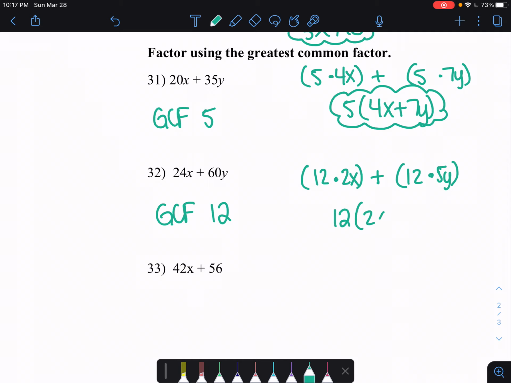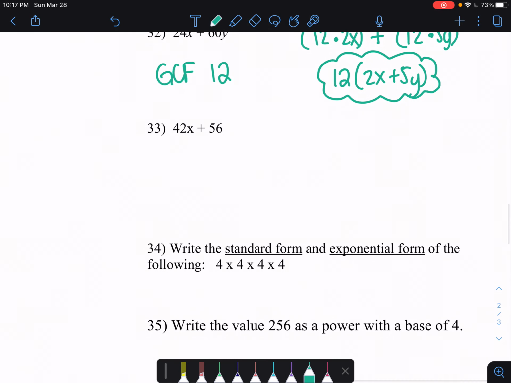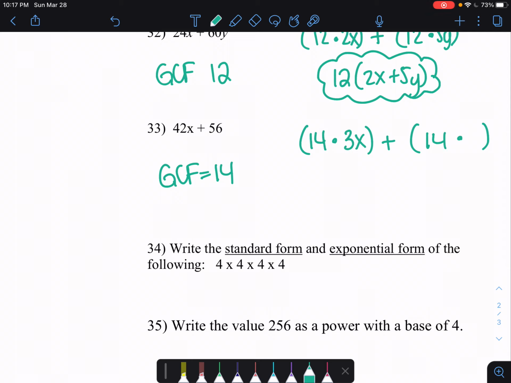So 12 times 2x plus 5y. For 42 and 56, the greatest common factor is going to be 14. So it's going to be 14 times 3x and 14 times 4. So 14 times 3x plus 4.